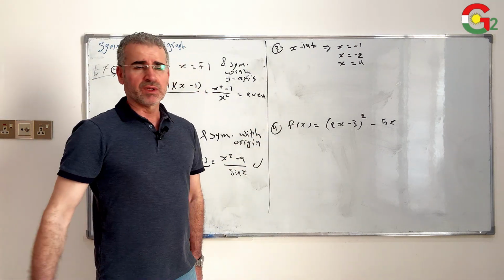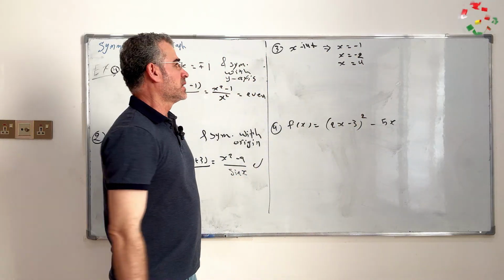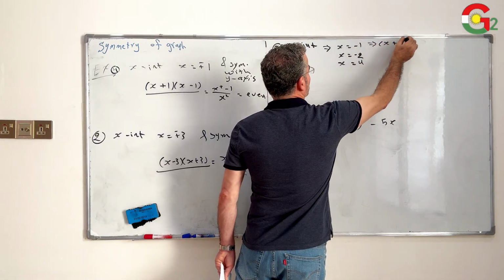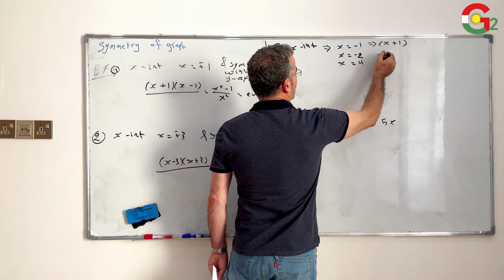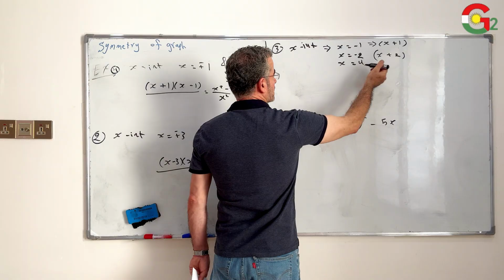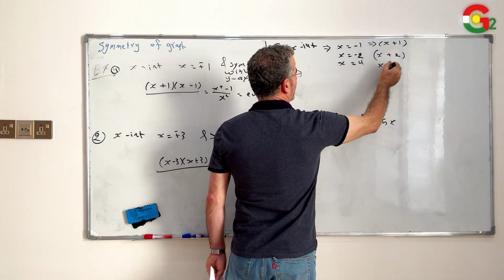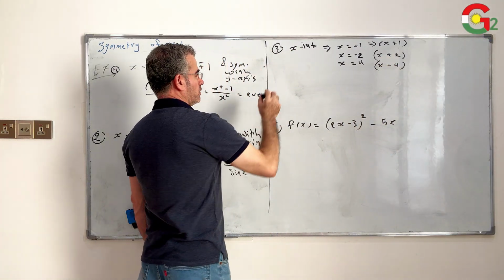Example number 3: find the function that has these three x-intercepts. x equal to 1, the bracket here is x minus 1; x equal to negative 2, the bracket here is x plus 2; x equal to 4, the bracket here is x minus 4.